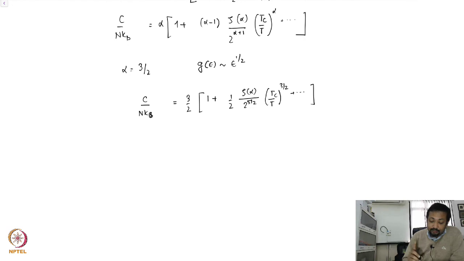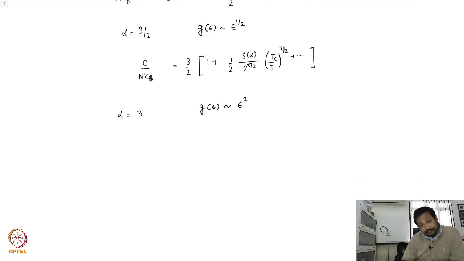What is interesting to note, okay, first let's do the other case when alpha is equal to 3 and G of epsilon goes as epsilon squared, and this is the case when we're looking at an ideal Bose gas which is now confined in a harmonic potential, in which case you have C over NkB is going to be 3.